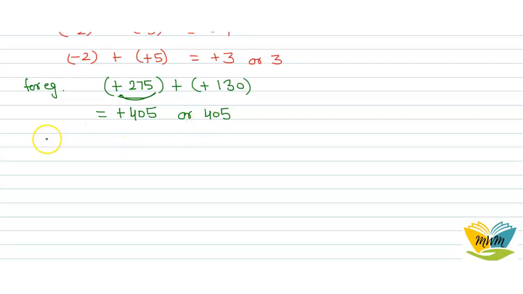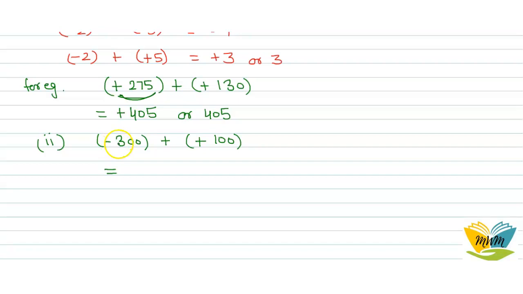Again, I am taking one more example. Suppose we want to add minus 300 and plus 100. Now, one number is negative and one is positive. Both of them have different symbols. If two integers have different symbols, we subtract them.